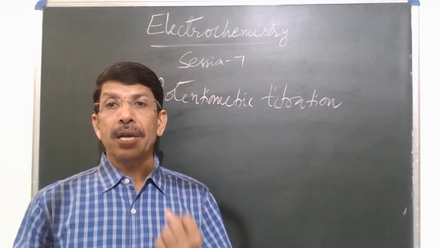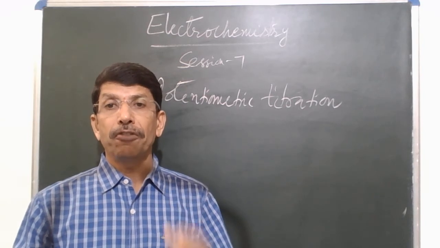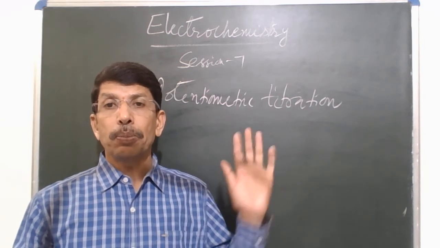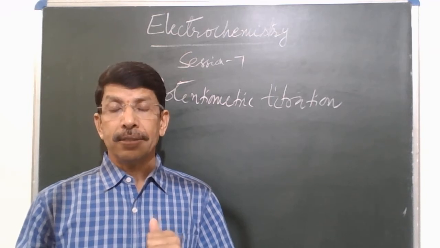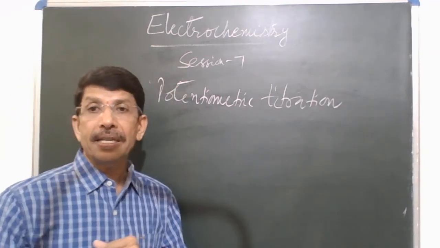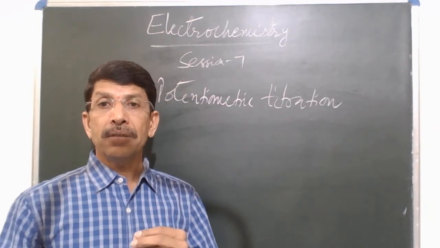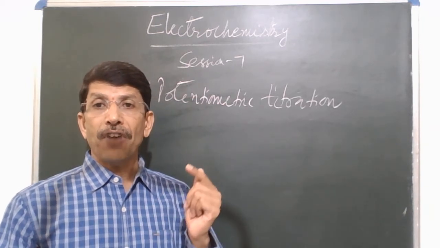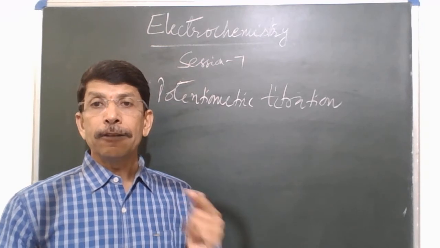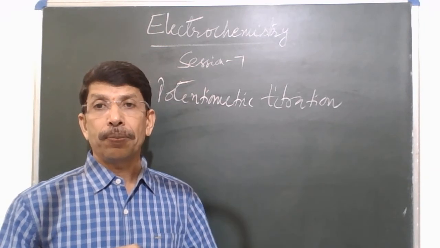The equivalence point is determined from the graph of volume of titrant versus the property that is studied, right? In potentiometric titrations, I repeat, what is the principle? The principle is that with the addition of aliquots of titrant, there is a change in EMF.